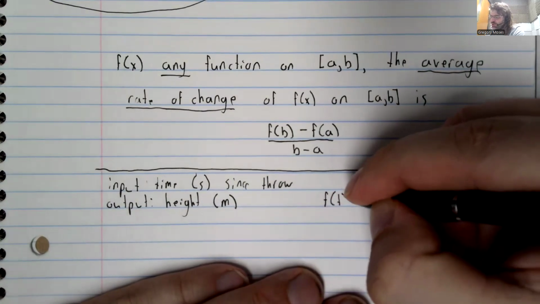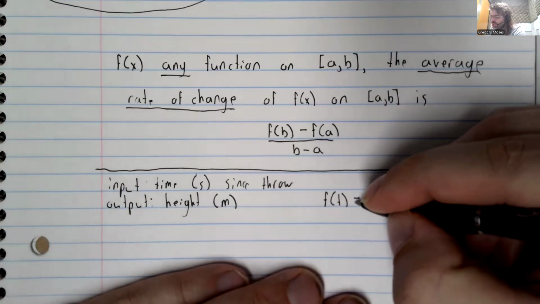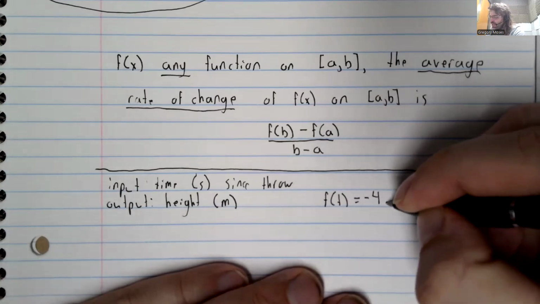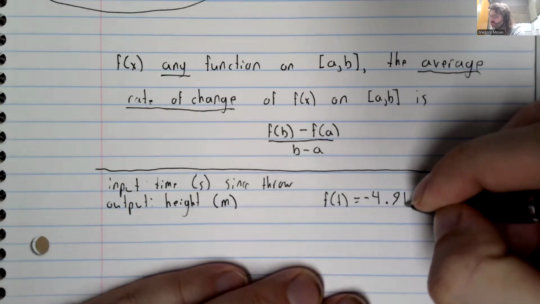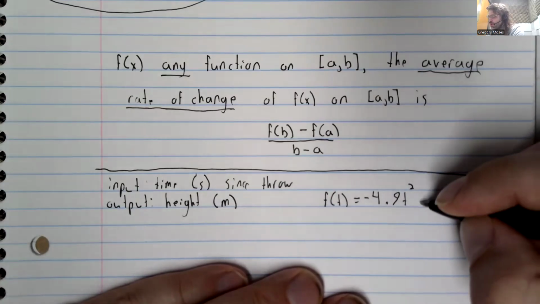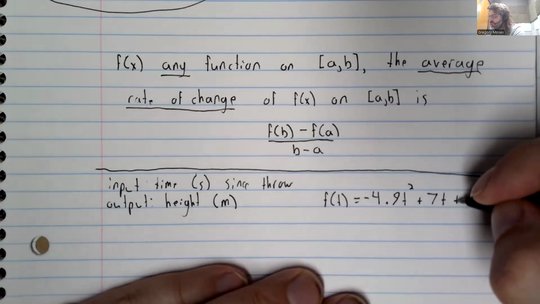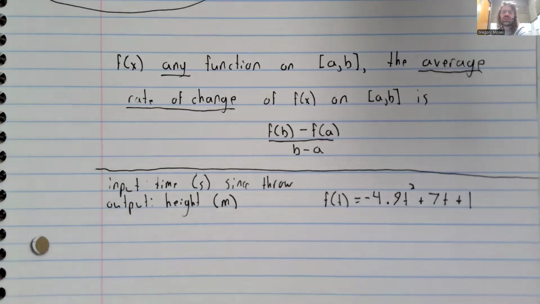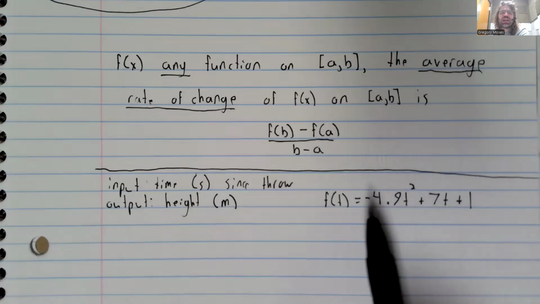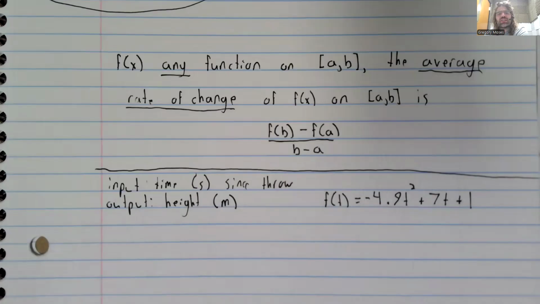We'll actually see where this formula comes from before the end of this class, but a realistic function might look like this. F of t is negative 4.9 t squared plus 7t plus 1.